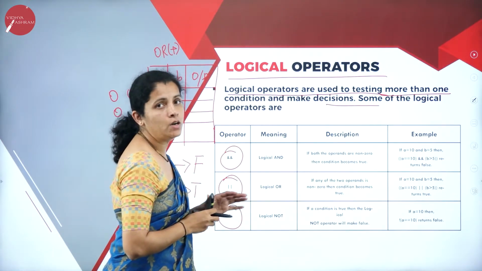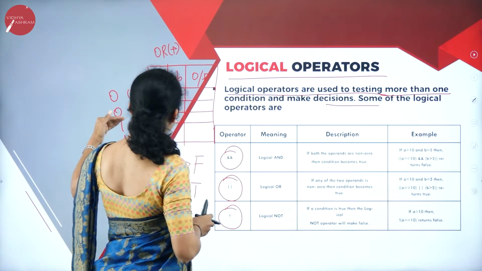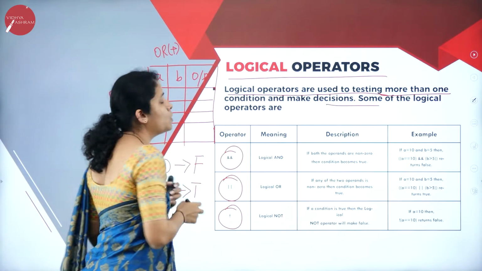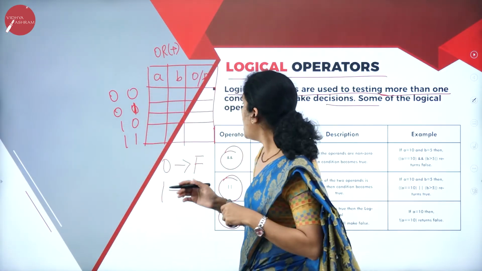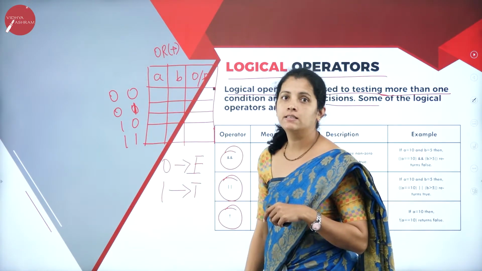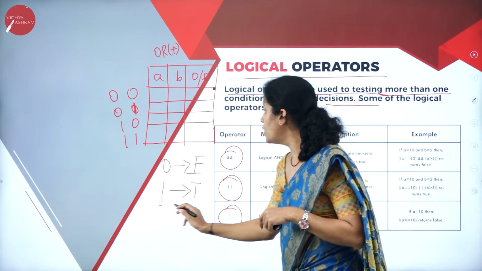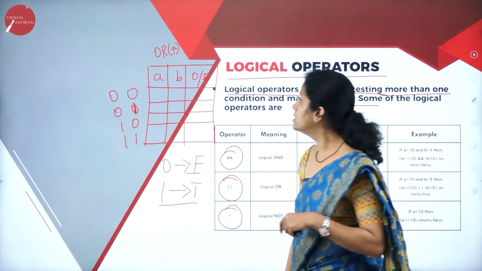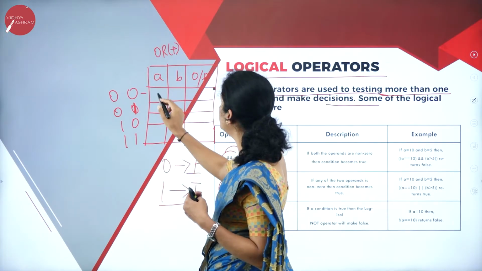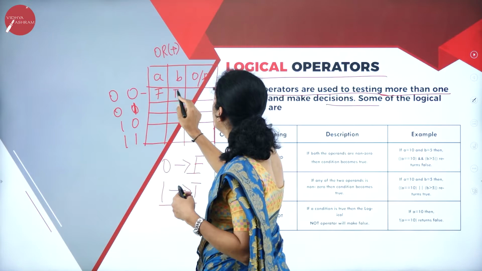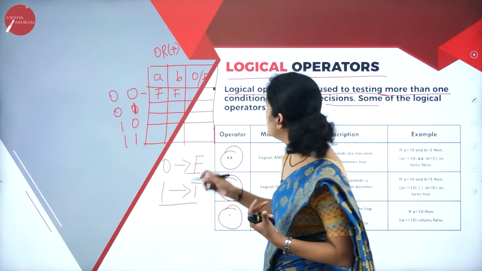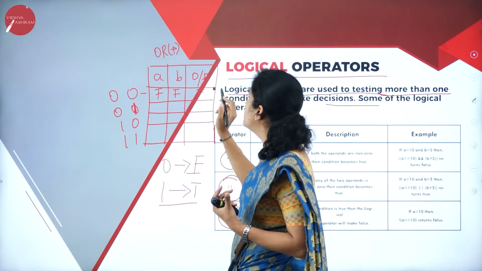Now if I consider the OR, that is the plus operator, then what are the combinations here? Once again, I'm going to have 4 combinations: 0 0, 0 1, 1 0 and 1 1. To represent 0 I use the letter F, and to represent 1 I use the letter T. At the beginning, I have 0 0, that is F and F. If I add 2 zeros, the answer is false.